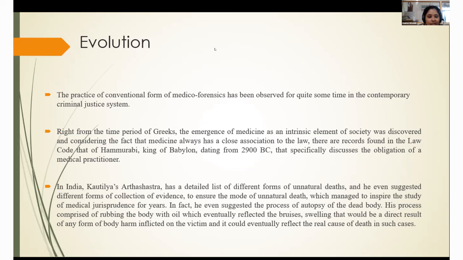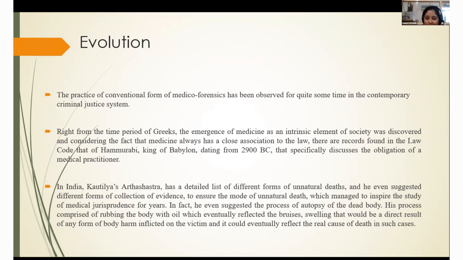As far as our country, India, is concerned, Kautilya's Arthashastra has a detailed list of different forms of unnatural deaths, and he suggested different ways in which evidence can be collected, and what the mode of the unnatural death was, which inspired the study of medical jurisprudence.